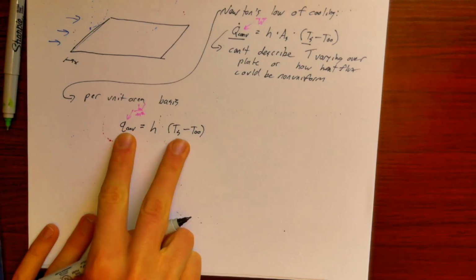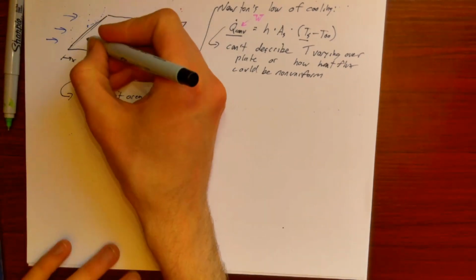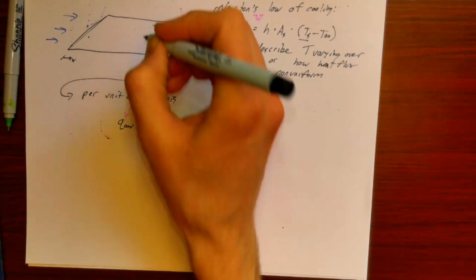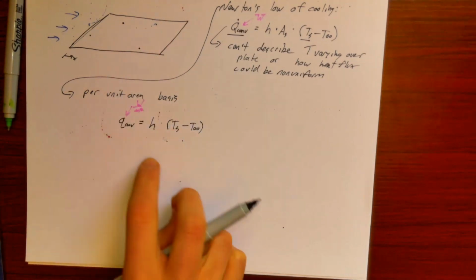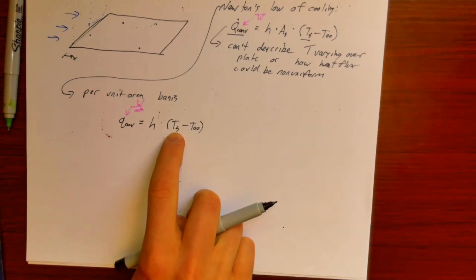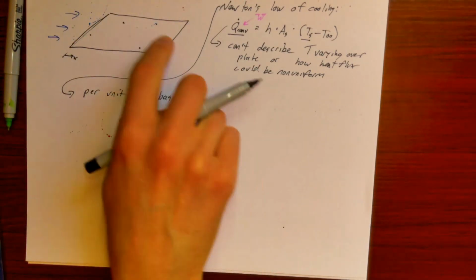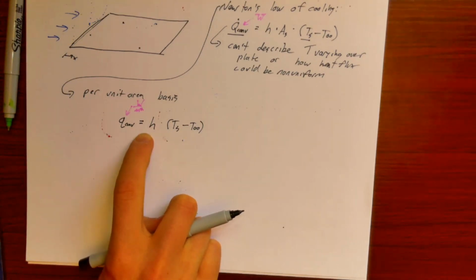And because this is on a per unit area basis, we're not lumping together the whole plate, but this is something that could apply at this point here, or this point here, or this point here. For all of these points, they might have a different heat flux, or a different Ts, and different h's, right?